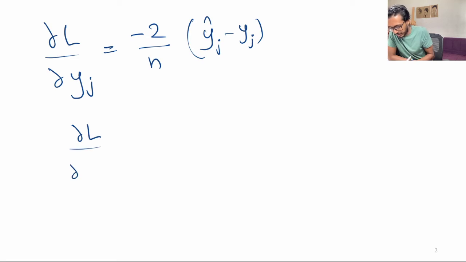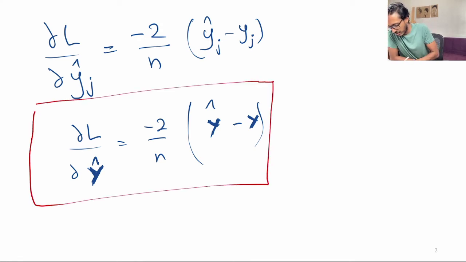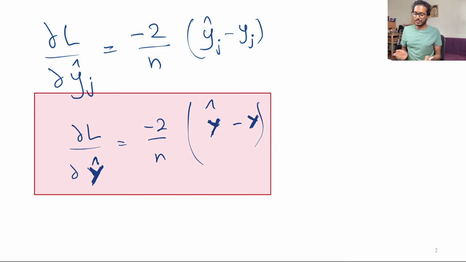And we can say that the derivative of L with respect to y hat, the vector, which I'll make a bit thicker to indicate that this is a vector, is equal to 2 over n (y hat minus y). This is not really our final solution, but it is the more important part of it.